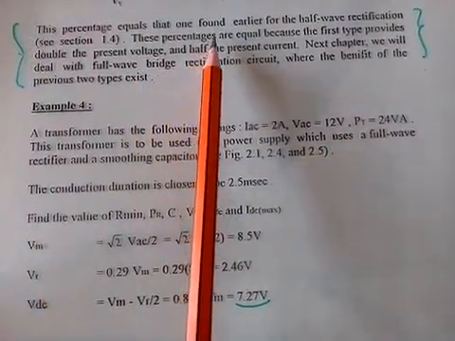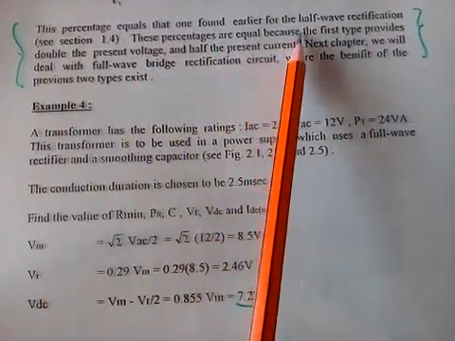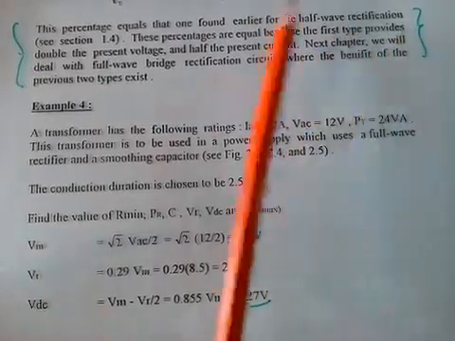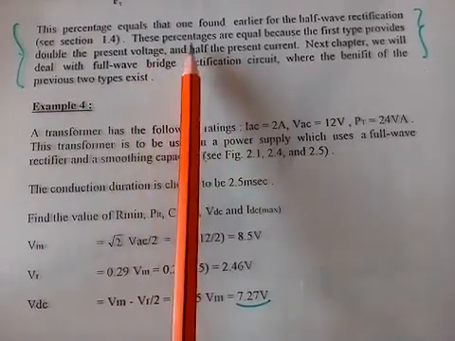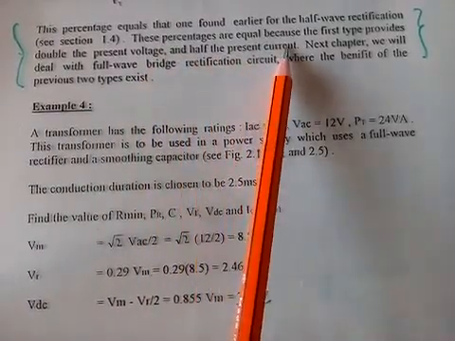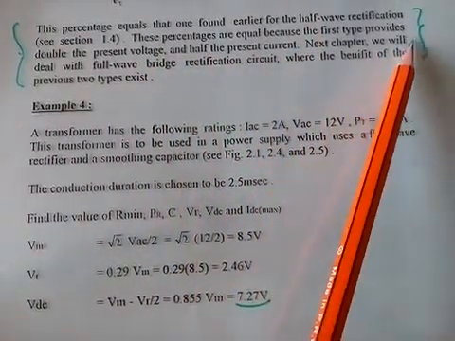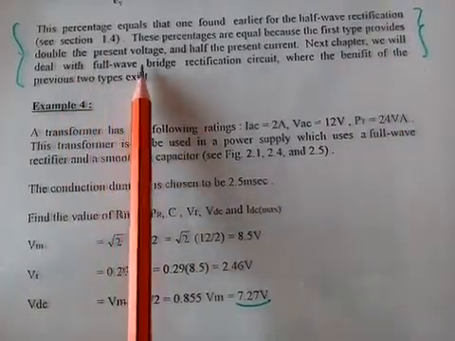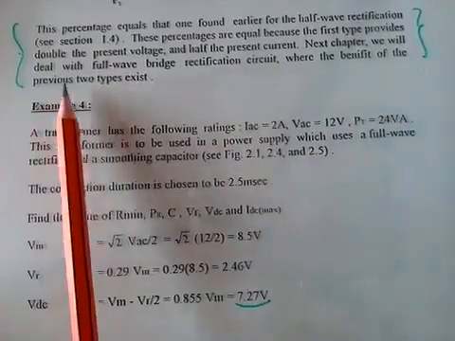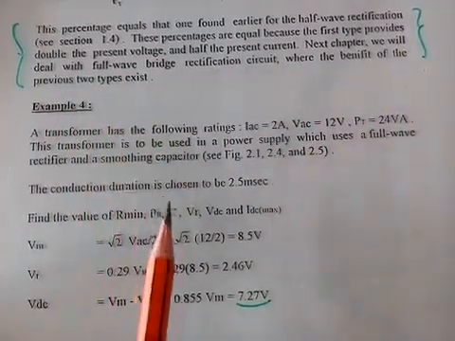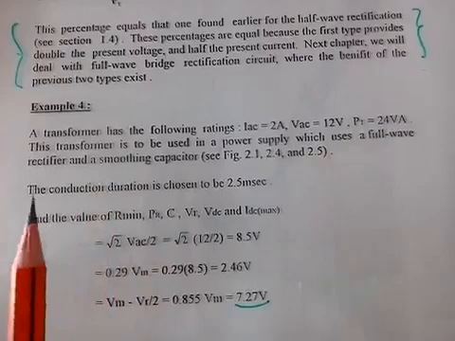These percentages are equal because the first type provides double the present voltage and half the present current. Next chapter we will deal with the full wave bridge rectification circuit, where the benefits of the previous two types exist. That will be in lecture 3.